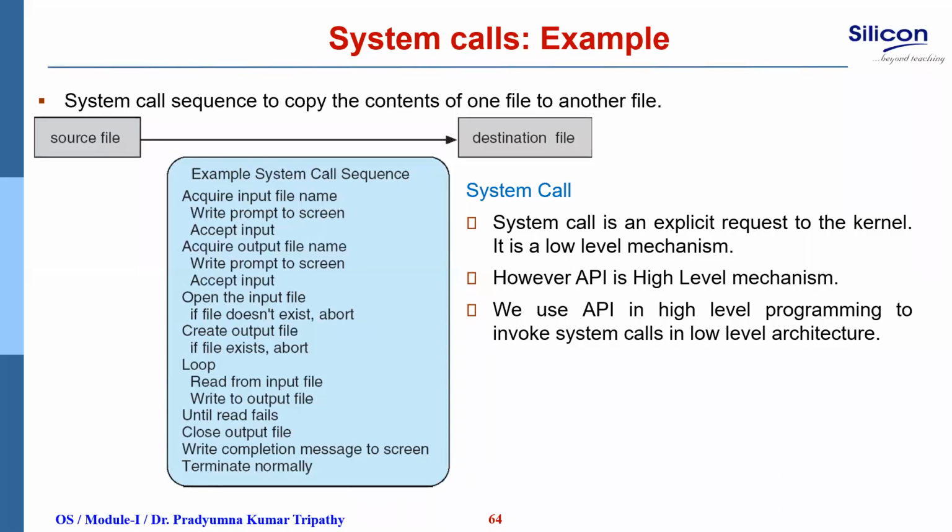Just see over here. You are giving one command, and you see how the command gives you the output. But to execute that command, various system calls are being made. Various services of the operating system are required. It needs to get the input file name, get the output file name, accept the input and output, and open the files.